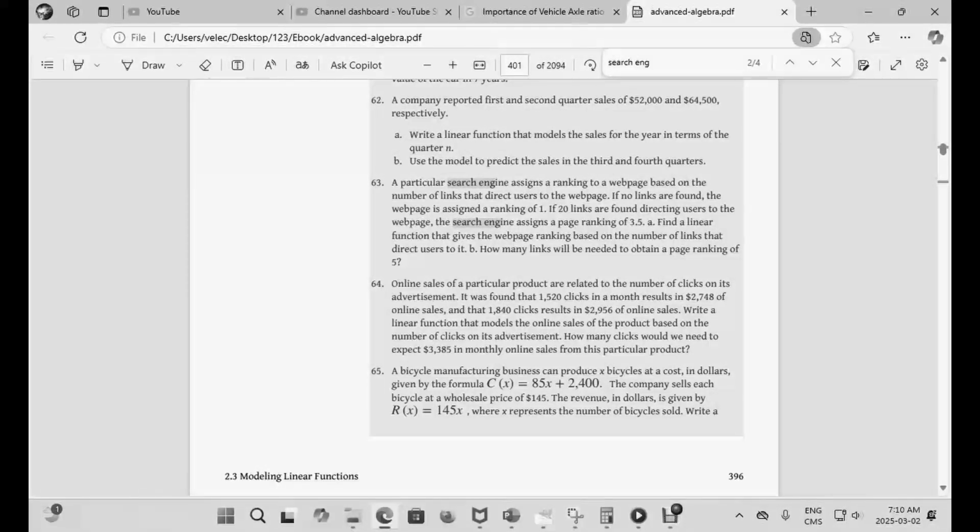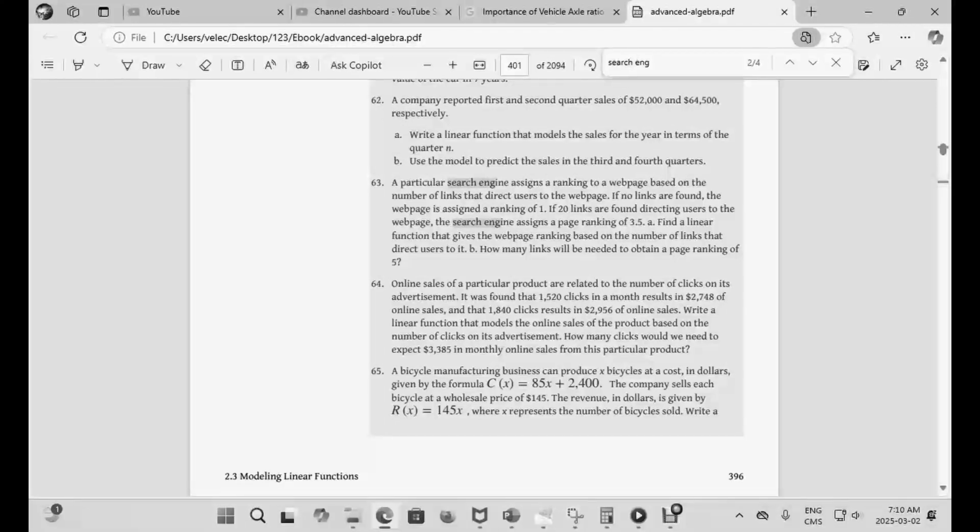So what they're saying is that the search engine assigns a ranking to web pages, to websites, based on the number of links that direct users to the web page. Now, if no links are found, the web page is assigned a ranking of 1.